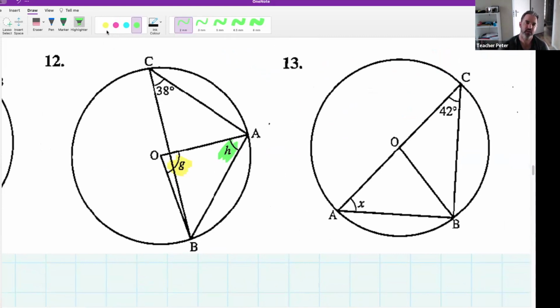And I'll give you a hint, the chord that I'm basing things on is the chord AB, or you could think of the arc AB as the base on which the angles you're going to make. So tell me, what do you think the size of G is? And then what do you think the size of H is?